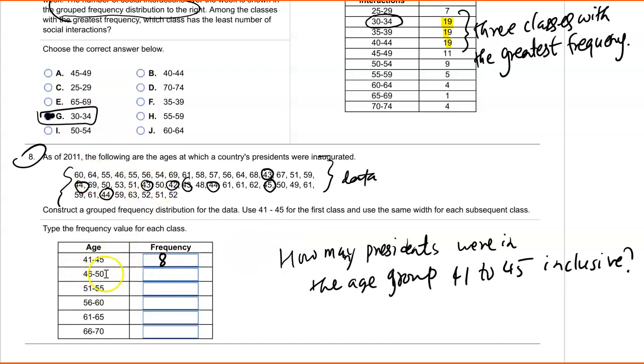How many numbers are in between 46 to 50 inclusive? 46 here, 1. 48 here, 50 here 3, 50 here 4, 50 here 5, then 49 here.